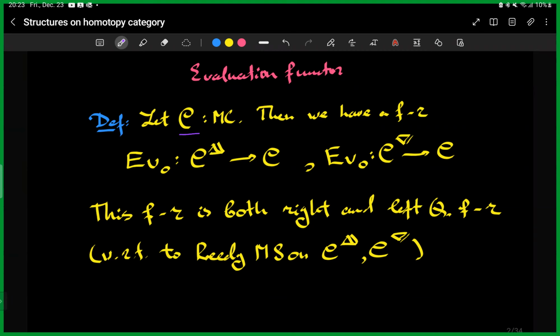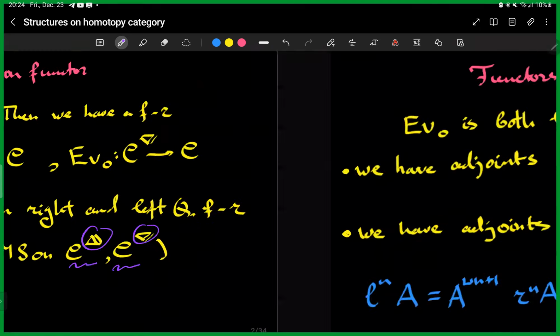It can be seen that this functor is both a right and left Quillen functor. It's quite evident if we consider the Reedy model structure on both of these categories, since these are clearly Reedy categories.